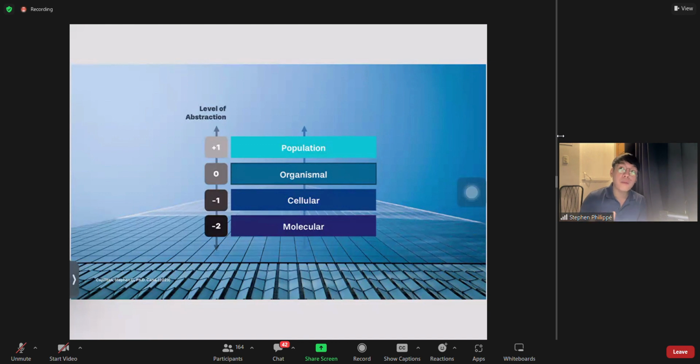I have talked to him on X or Twitter, and I'm really fascinated by how he is applying biological understanding and its taxonomy to teaching biology. So we're focused here on population, organismal, cellular, and molecular. As you go further down, the level of abstraction becomes negative, and as you progress up, it becomes positive.